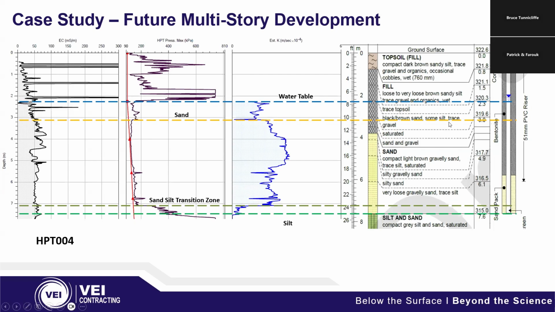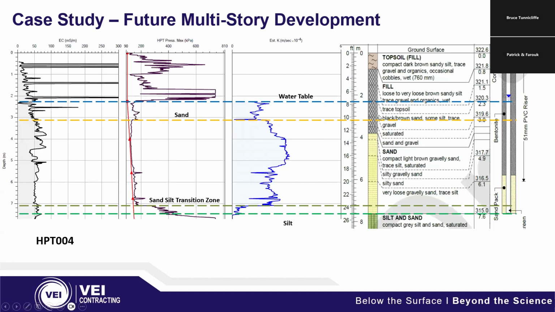And if you're looking at the description in the borehole log, you're going to see traces of sandy silt here and there. And then you're also going to get sand and gravel coming in the fill as well. And that is going to show up when we get those dips or those valleys within the EC. And then we picked up sand just after 3 meters, and sand starts to show up in the borehole log in earnest almost at 4 meters. But if you're looking at this description here, sand and gravel is actually showing up just before that.